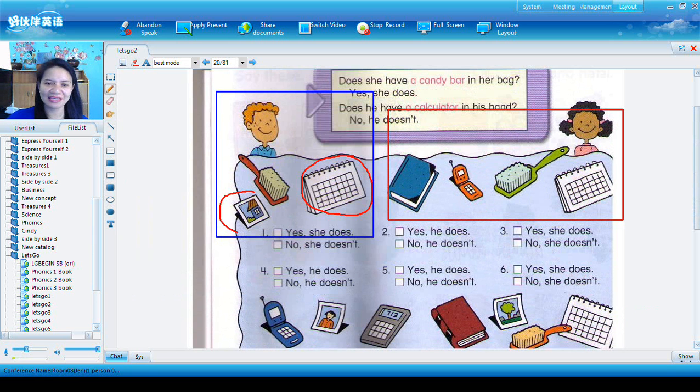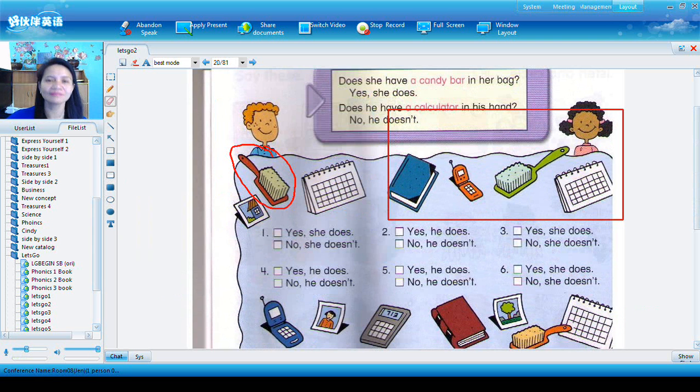And look at here. Does he have a picture? Yes, he does. And look at this one. Does he have a brush? Yes, he does. All right, wonderful. Now look at the girl. Does she have a book?